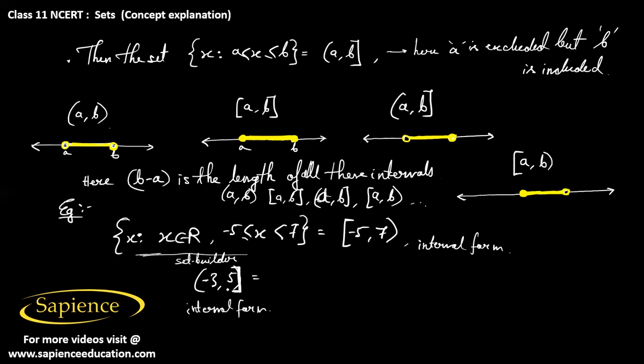This set can be written in set builder form as X such that X belongs to R and X is greater than -3 and less than or equal to 5. Okay, so this is the answer.